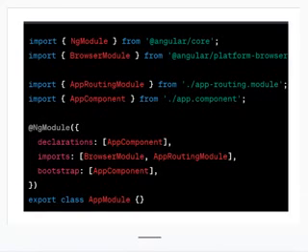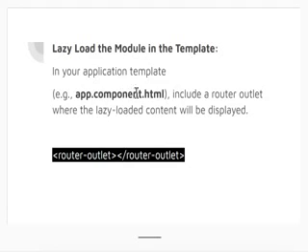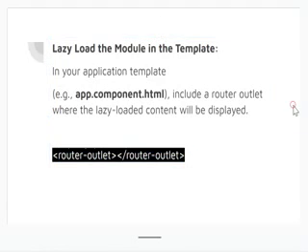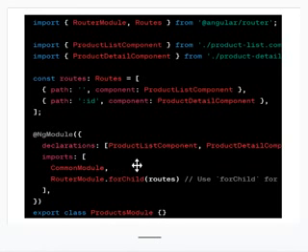that our app.component.html file is going to include this router outlet, where the lazy loaded content will be displayed. So inside this template we are going to display our lazy loaded content, for example, the home module and this product module.